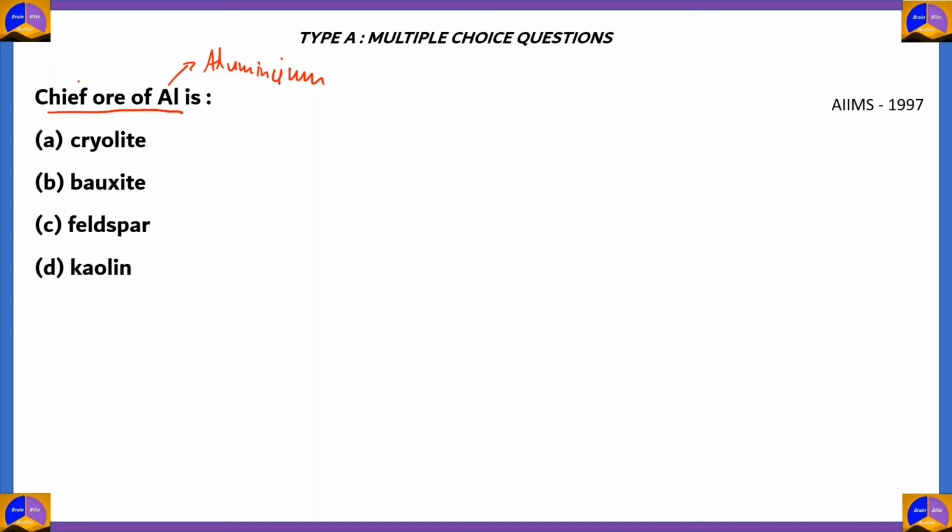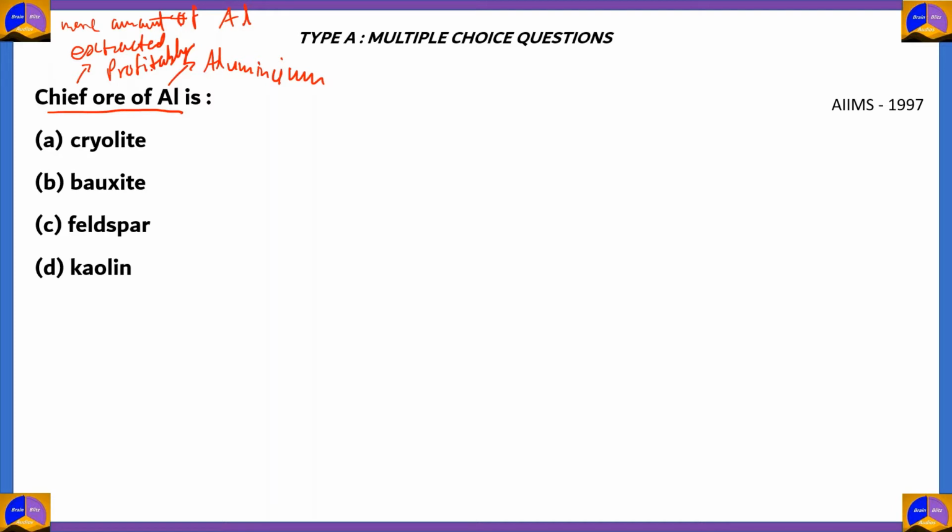What we refer to as chief ore is that the ore contains more amount of aluminium, it also is capable of being extracted profitably. So which of these has more amount of aluminum and which can be extracted profitably?